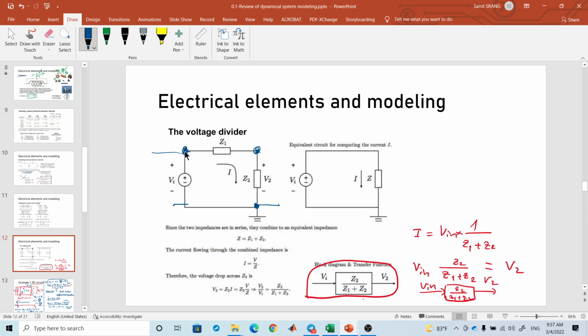The fraction of impedance here divided by the total impedance, times the input voltage, gives you the output voltage. It's very easy to see this way, voltage divider.